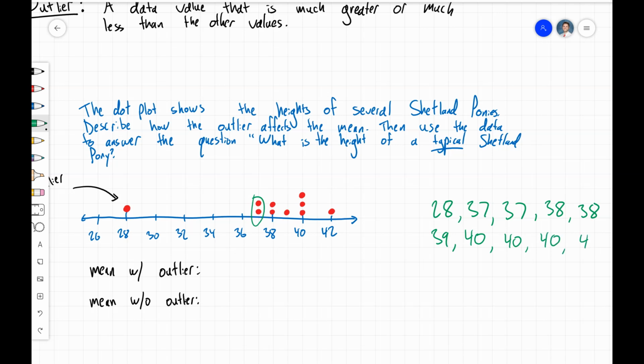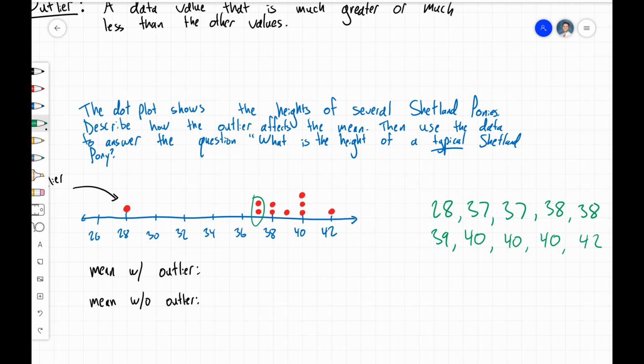And 1 at 42. We can calculate our mean again by adding all of these values together and then dividing by the number of values that we have. In this case, we have 1, 2, 3, 4, 5, 6, 7, 8, 9, 10 ponies. So we're going to take all of these heights, add them together, and divide by 10.